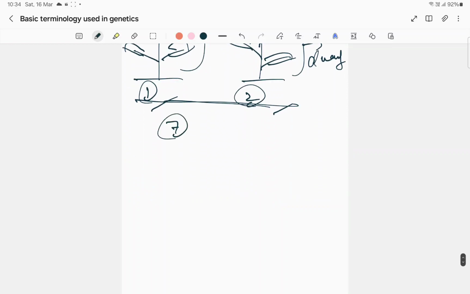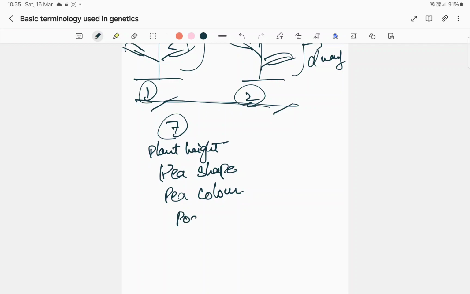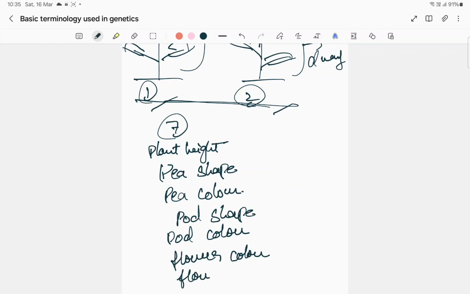Mendel has taken 7 contrasting characters in his experiment. They are plant height, seed shape, seed color, pod shape, pod color, flower color, and flower position.